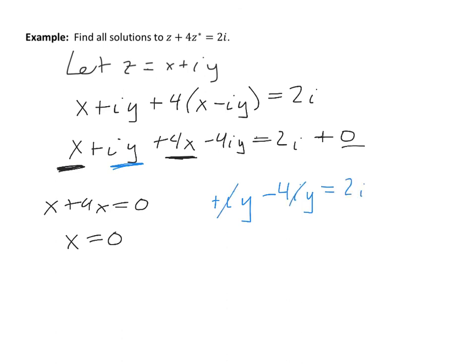So we can drop the i's out of this. Negative 3y equals 2. So y has to be negative 2/3. And so it says find all solutions. So my solution is supposed to be z. z is negative 2/3 i.